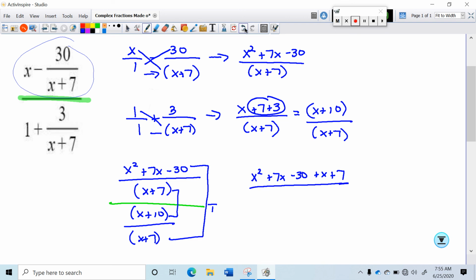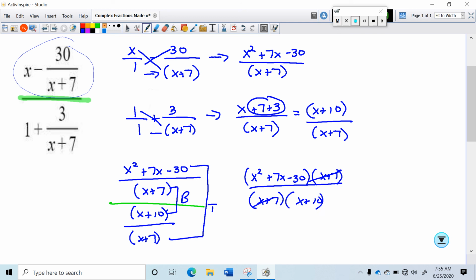Actually, you know what? I don't know why I said that. That's being multiplied, so I can't do that. Okay, so minus 30. Let's put that in parentheses so I don't confuse myself later. And then family of x plus 7. Inside goes on the bottom, so I have a family of x plus 7 over x plus 10.